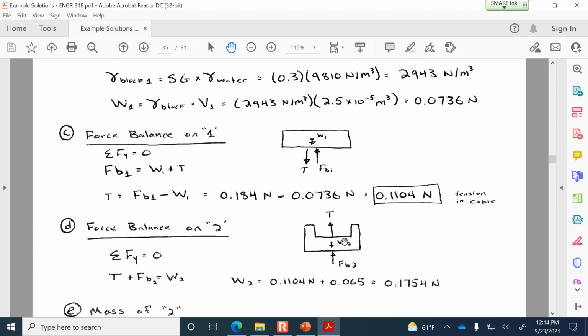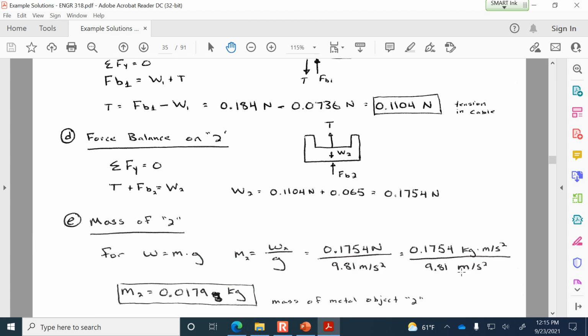So from that we can find the tension in the cable, and then doing a force balance with object 2, the tension in the cable is pulling up, the buoyant force is going up, and the weight is going down. So here the only unknown was the weight of object 2, because we knew the tension from the previous force balance, and the buoyant force acting upward on object 2 we calculated in the preliminary calculations, and so now we have the weight of object 2 by this force balance.